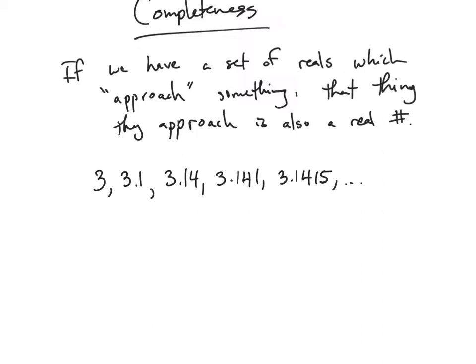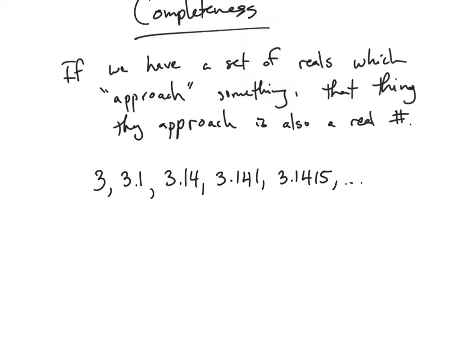Actually, I don't know any more digits than that. I'm not a great wizard for memorizing digits of pi or anything else. Each one of them is a rational number because each has a decimal that just ends after finitely many positions. But the thing that they approach is irrational, it is pi.